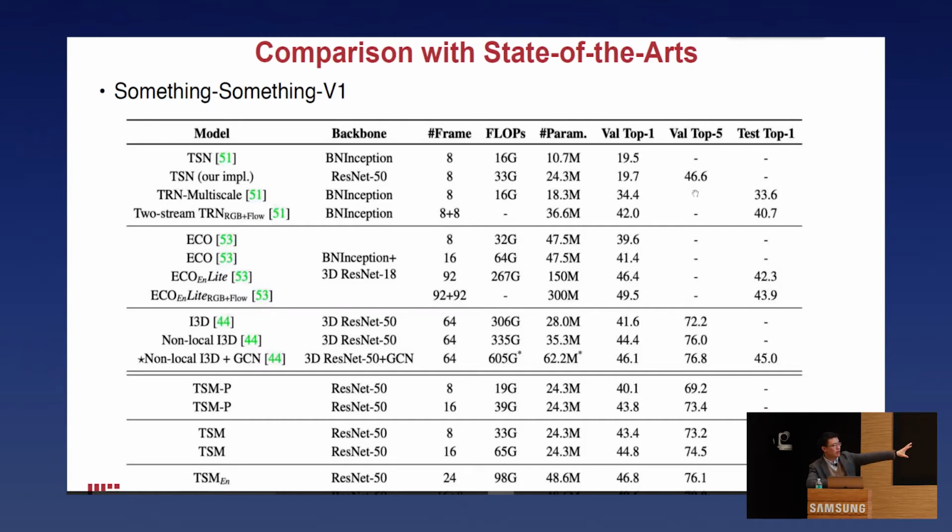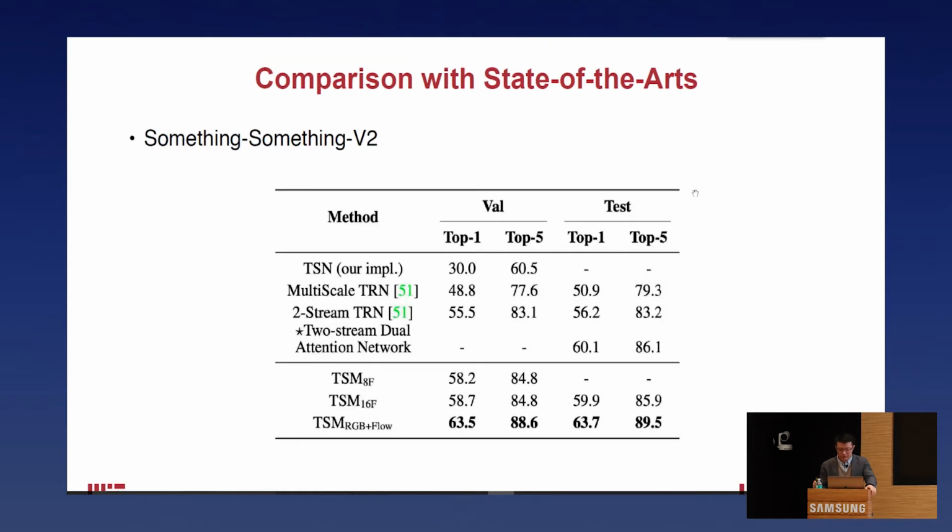Our test accuracy on the bottom, 46.1% top-one accuracy, is the best currently on the leaderboard, showing that this TSM module is not only computation efficient, but also can model the temporal relationship really well as a very efficient primitive that saves computation and also improves accuracy. And on the Something v2 dataset, it also has higher performance, a big improvement over the previous work.